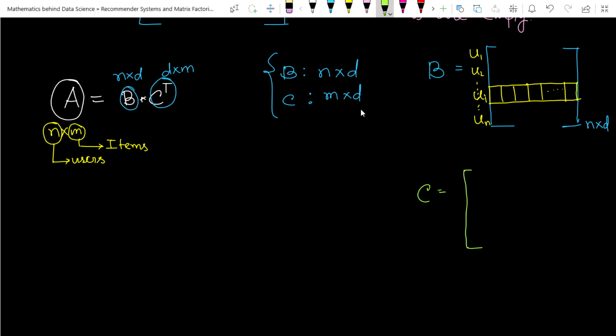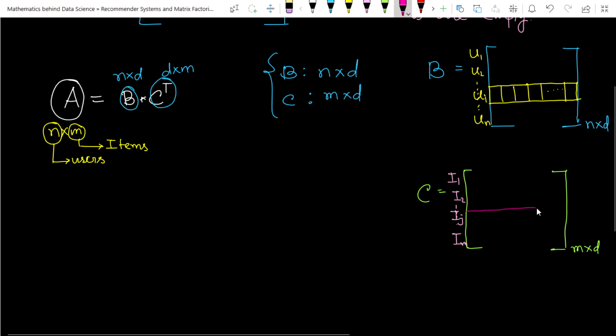The dimension of C is M cross D. So we can write it as item 1, item 2, up to item M. If we take a common element, item j, you can consider it as a d-dimensional item vector, just as before it was a d-dimensional user vector.